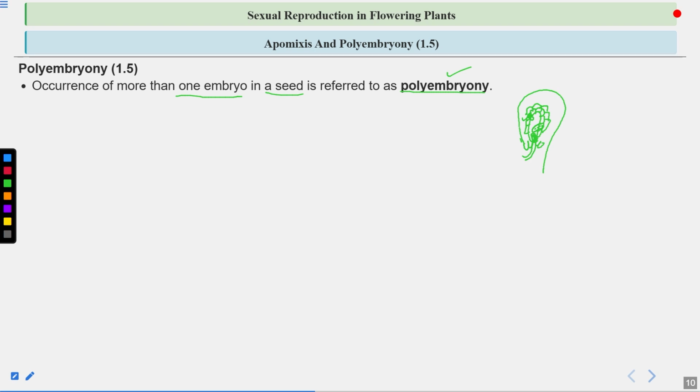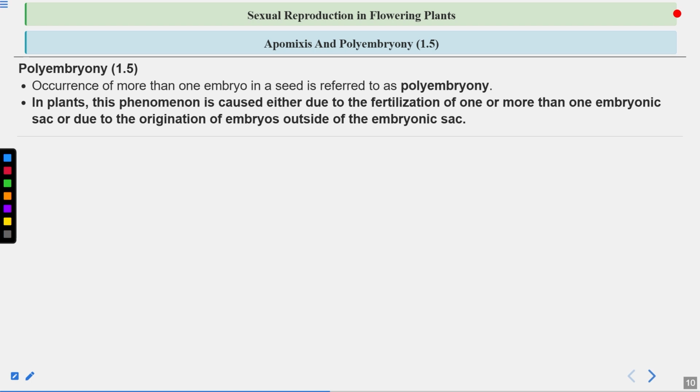Polyembryony, many embryos formed inside the seed. In plants, this phenomenon is caused either due to the fertilization of one or more than one embryo sac, or due to the origin of embryos outside the embryo sac.